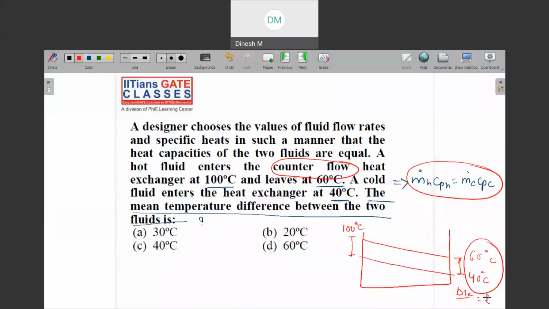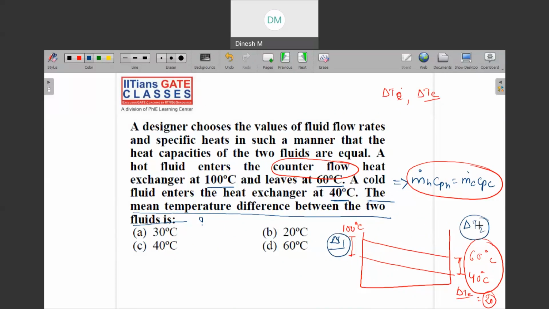I told you that either of delta Ti or delta Te. But sometimes you are confused about which is i or which is e, so you can name it as delta T1 or delta T2 even. Since I told you delta T in terms of delta Ti and delta Te, I am using that notation again and again. But we can also name it as delta T1, delta T2.